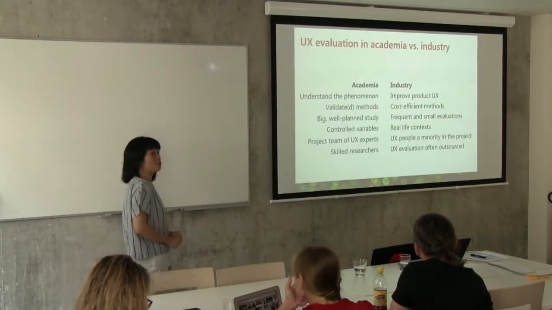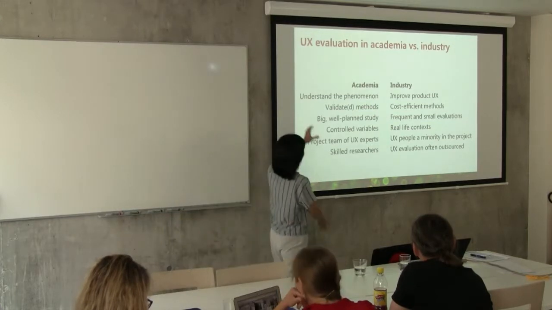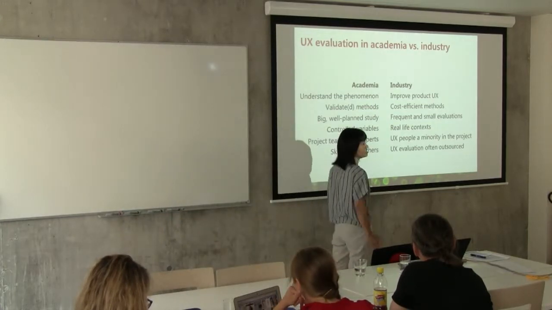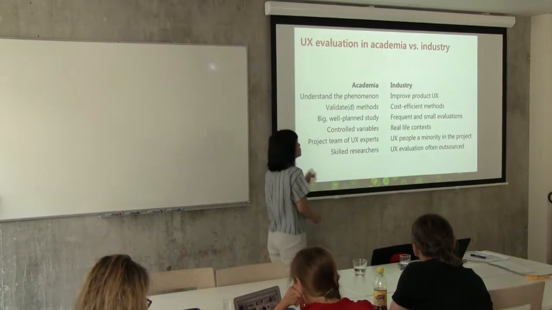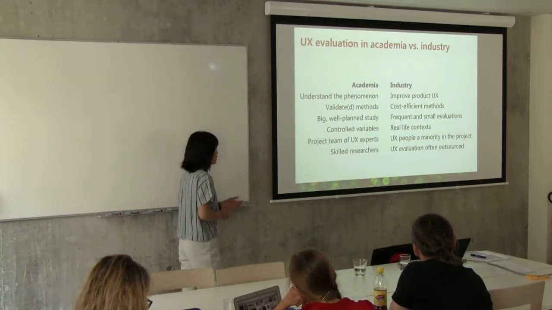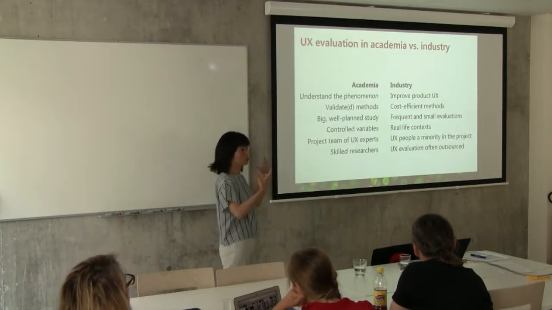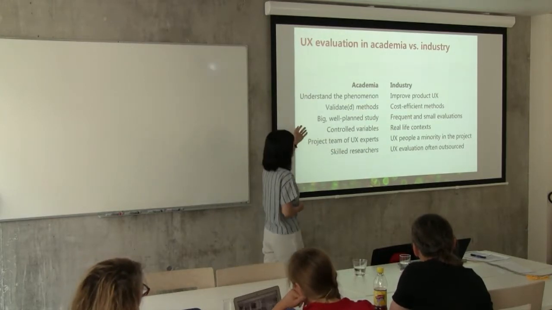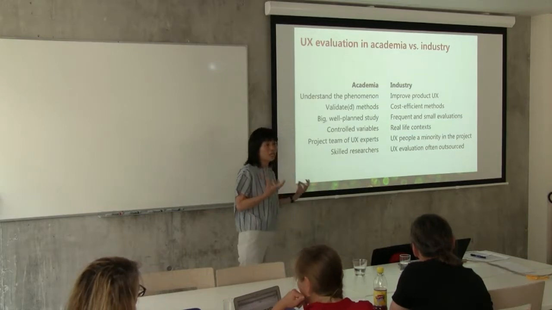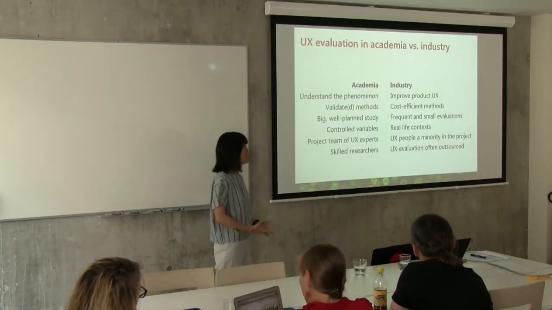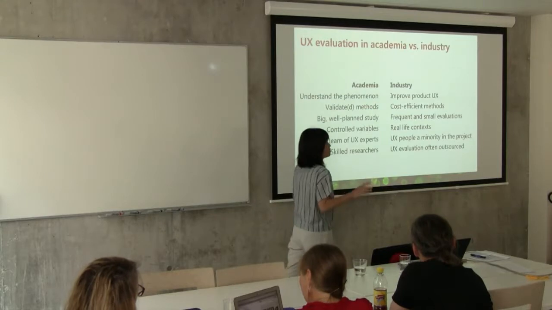So maybe I will say this again, because we now compare the academic need and the industrial need, and these have an impact on the way we do evaluations. In academia, we normally have the mission or the vision to understand the phenomenon. If people play games, why do they feel so excited, so addicted, so totally absorbed?